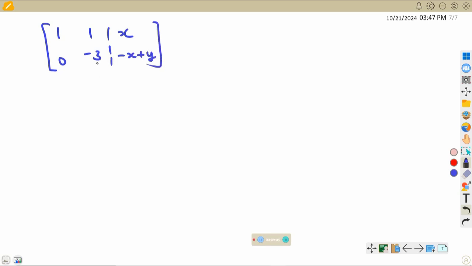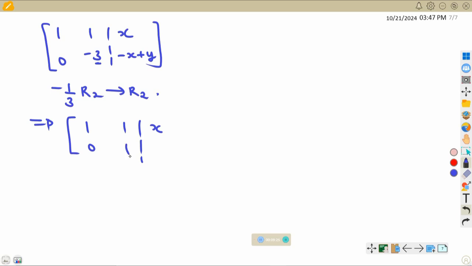So next we need to create a 1 here, so we can apply negative 1 over 3 row 2 to give us row 2. So this will be same as having 1, 1, x, 0, 1, then negative a third into negative x plus y.